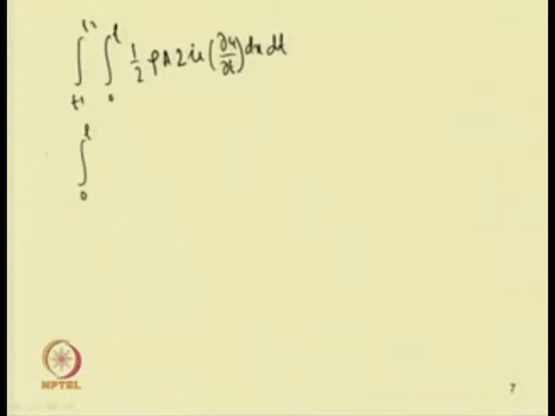integral. So, one can write 0 to L, T1 to T2. So, these two cancel, and this becomes rho A u dot into the del term. One can interchange del by del t into del u, so one can write it this way into dt and dx.